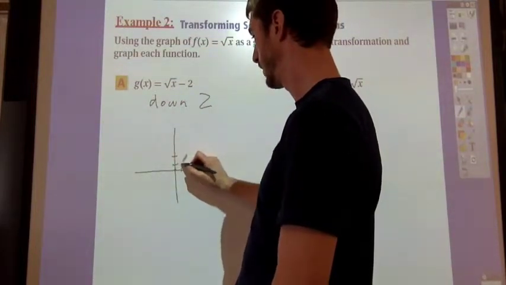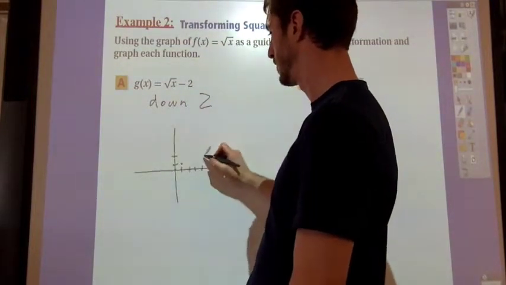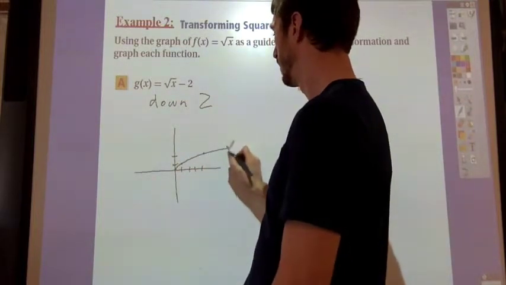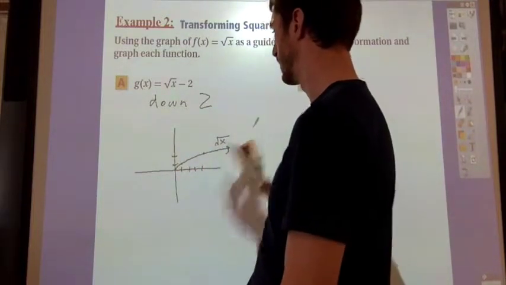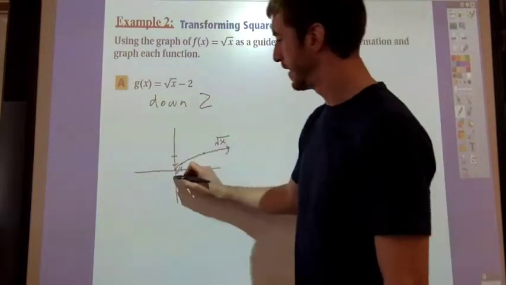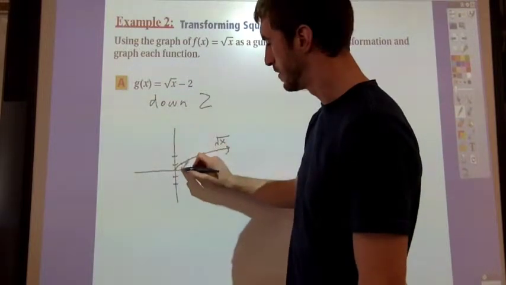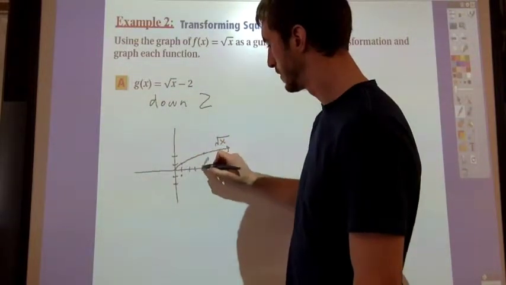Got a dot here, here, and then at 4 we're up at 2, and that's what the square root of x looks like. But then if we go down 2, I'm going to shift everything down by 2 units.